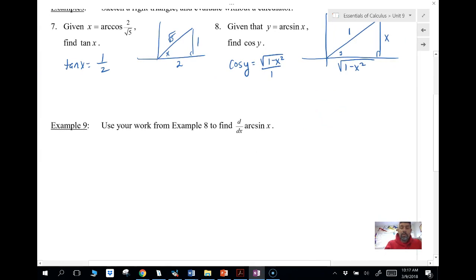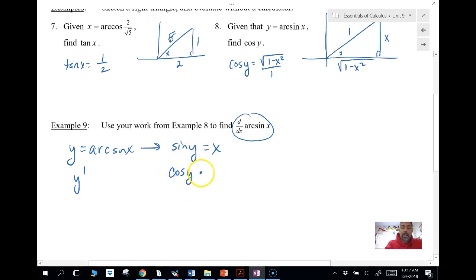We're going to use our work from example 8 to find the derivative of arc sine. What we're looking for is y equals arc sine of x, and we want y prime. I'm going to convert this to sine of y equals x. All I did was take the inverse. Now I'm going to do the derivative implicitly. The derivative of sine is cosine times the derivative of the inside, which is y prime.